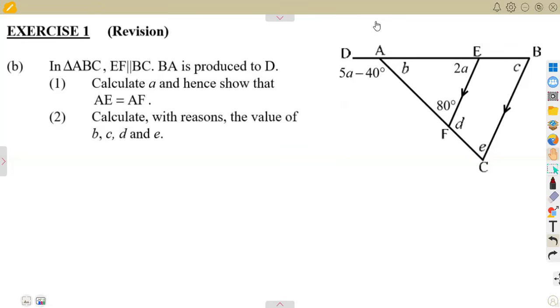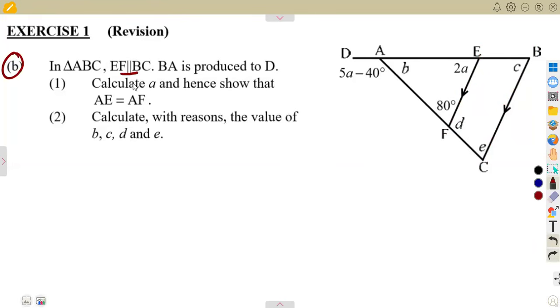We are still on the revision on exercise 1. This is now our question B of the same exercise. We are given this question: in triangle ABC, EF, this line EF, is parallel to BC.